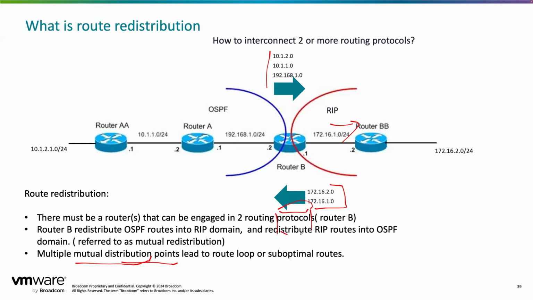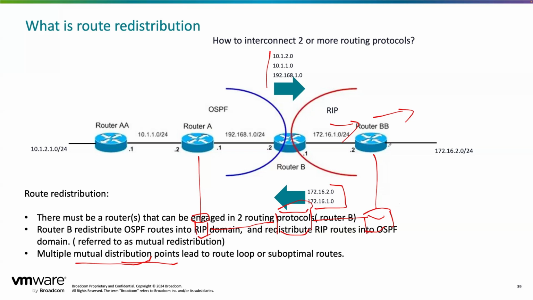Sometimes for redundancy, an enterprise inserts another distribution point, or more than two distribution points, and hooks them into the network and connects with two protocols like this. So think about this situation. The OSPF learned route goes through router B and to router BB.